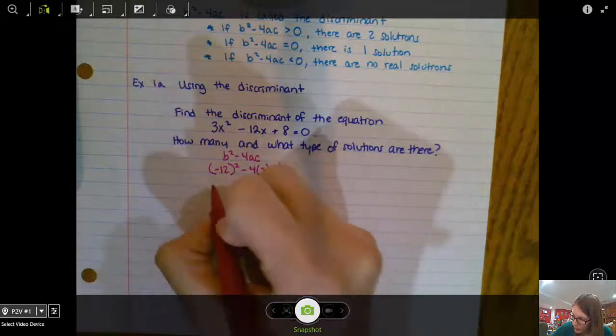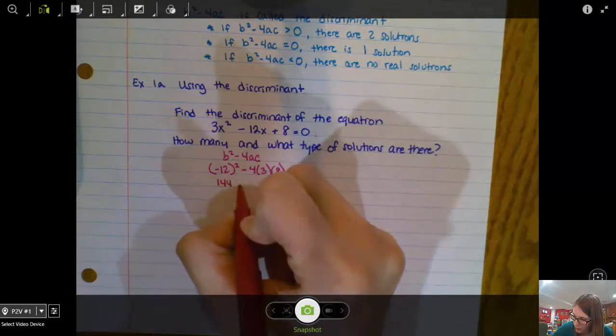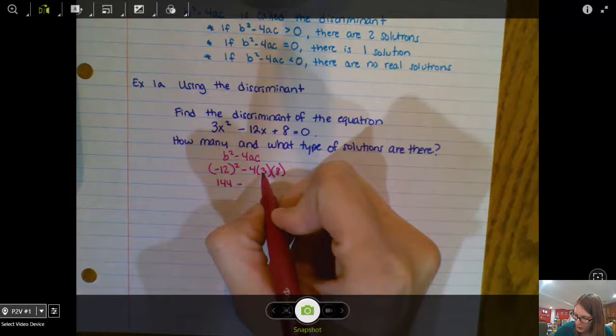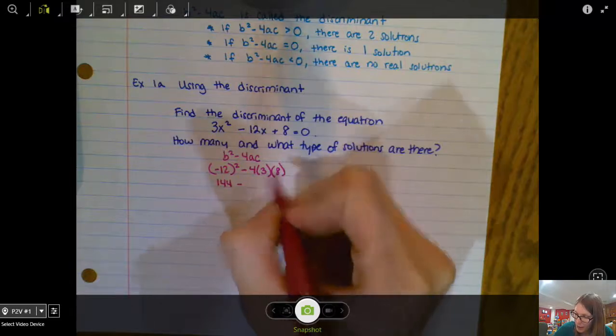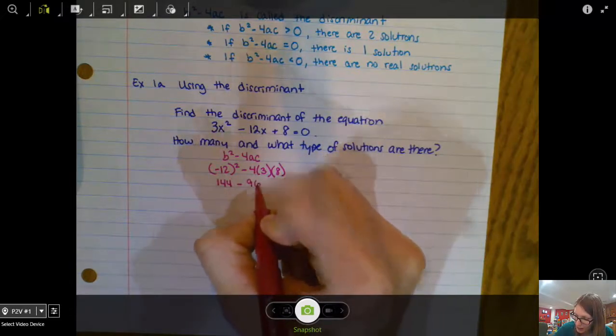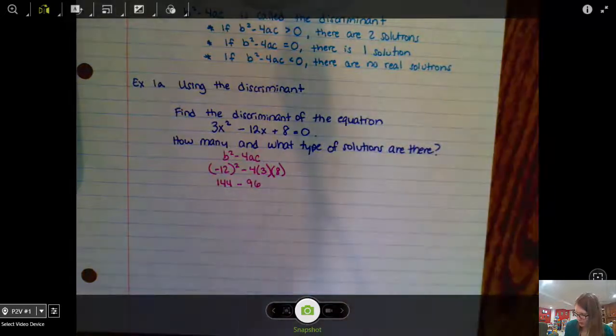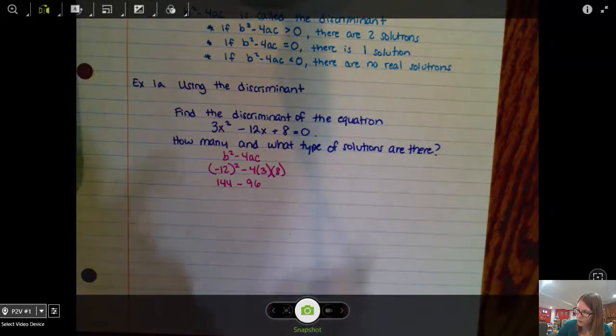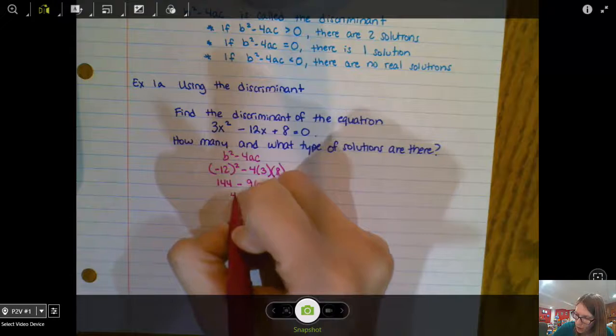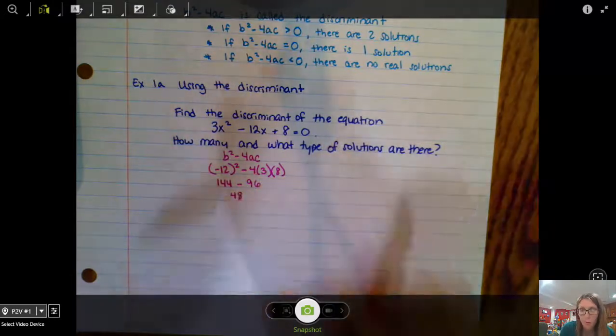So negative 12 squared is 144, minus 4 times 3 is 12, times 8 is 96. 144 minus 96 is 48.